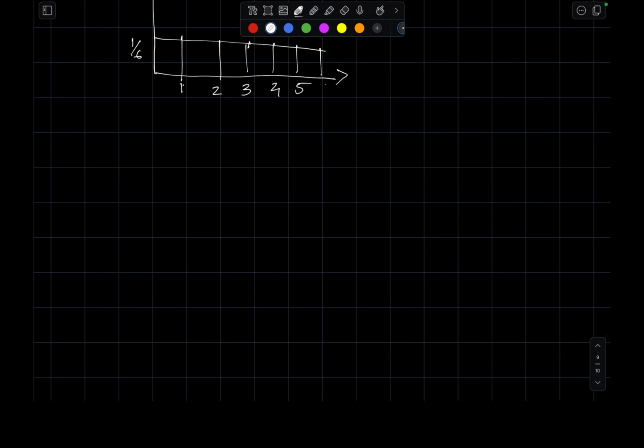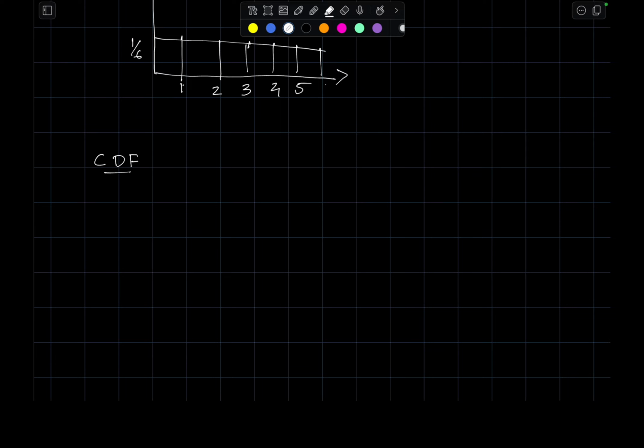So this is just the difference between PMF and PDF, probability mass function and probability density function. And now we have to see what is cumulative density function. Let's first cover how the cumulative density function is defined for discrete variables.